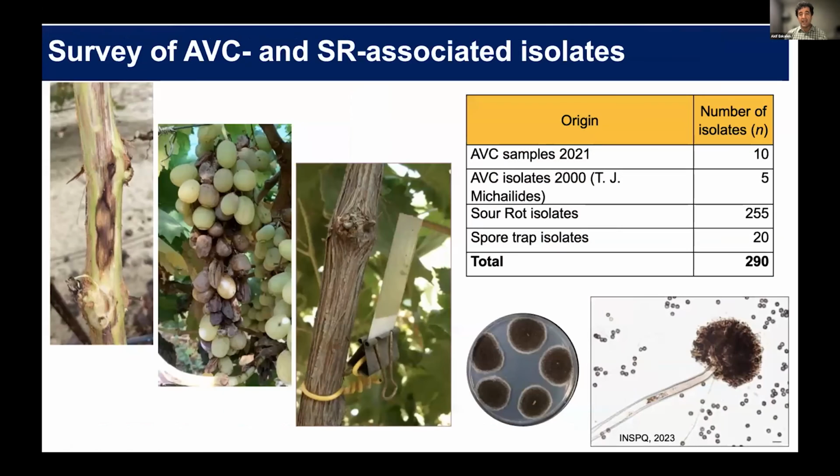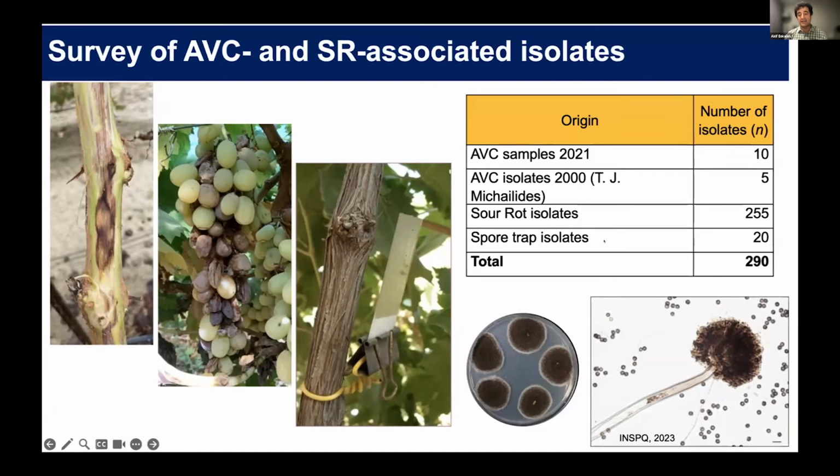So we have been working on this pathogen for a while. We know that this pathogen was also found a long time ago in California by Themis Michaelides, who first identified it on Red Globe. But we are starting to see these pathogens in more northern grape growing areas and more in the wine grape growing areas.